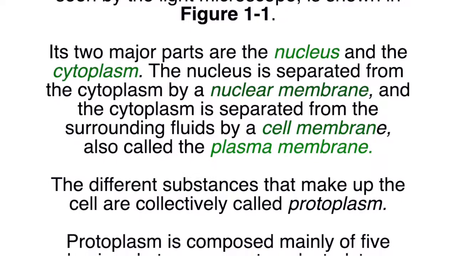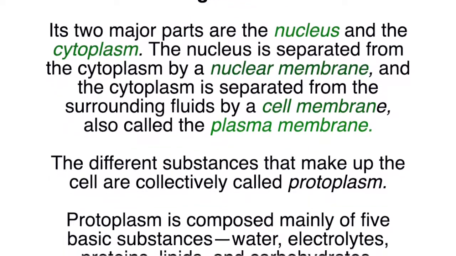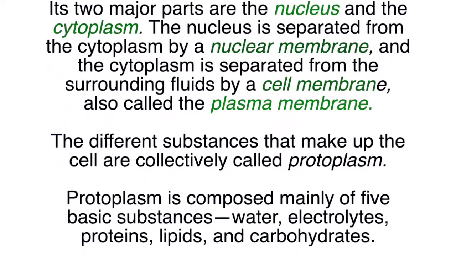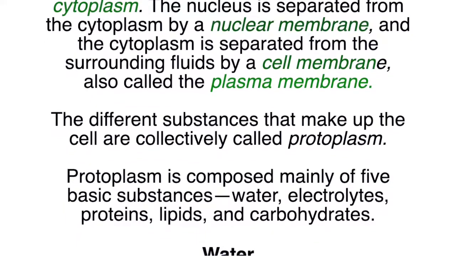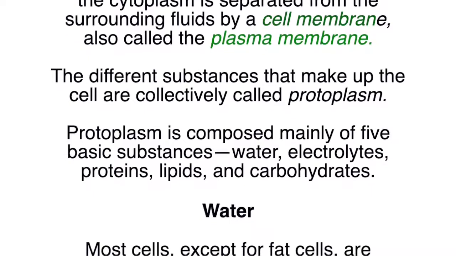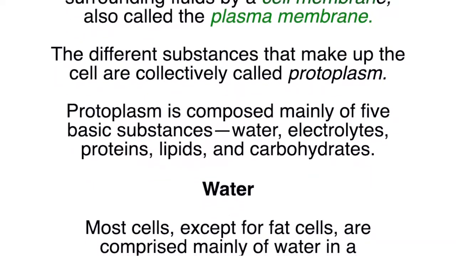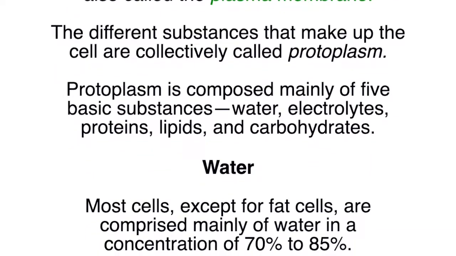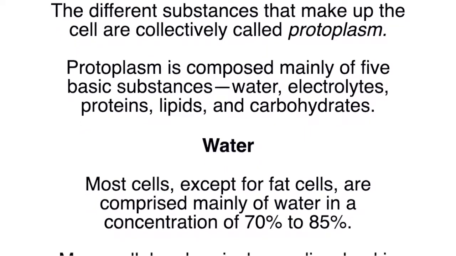The different substances that make up the cell are collectively called protoplasm. Protoplasm is composed mainly of 5 basic substances: water, electrolytes, proteins, lipids, and carbohydrates.